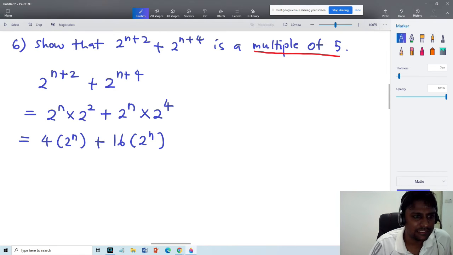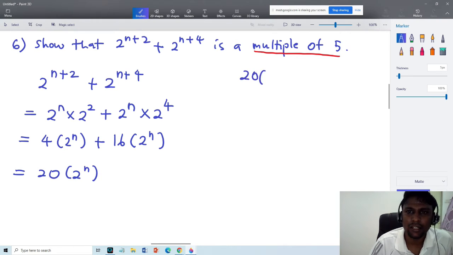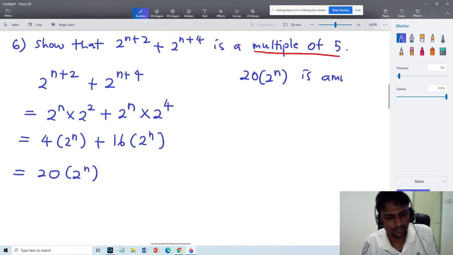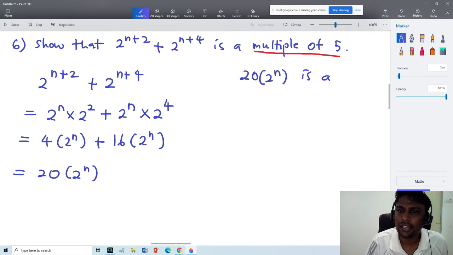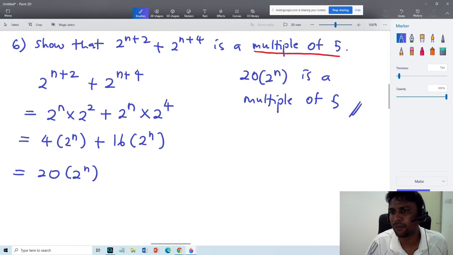Then 4 plus 16 becomes 20 times 2^n. Okay, so definitely 20 times 2^n must be a multiple of 5. It's confirmed.